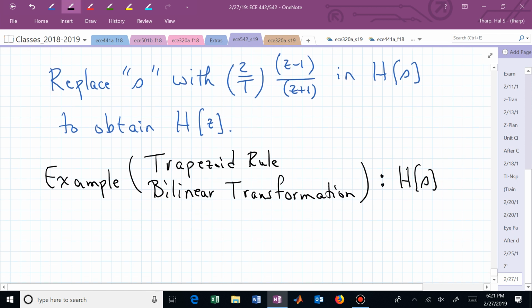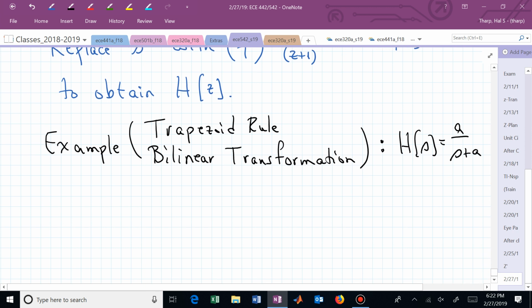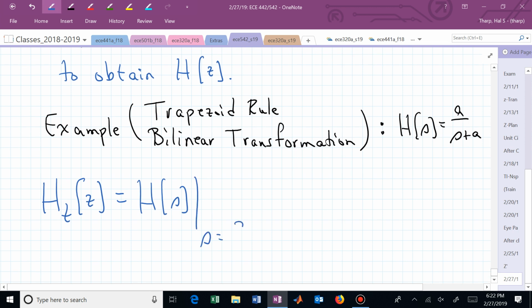Applied to the same low-pass filter, which is A over S plus A. I'm going to stick with the T for trapezoidal rule for my subscript since we've already used the B for backward. I'm going to say now H sub T for the trapezoidal approximation is now H of S with S replaced with 2 over capital T z minus 1 over z plus 1.